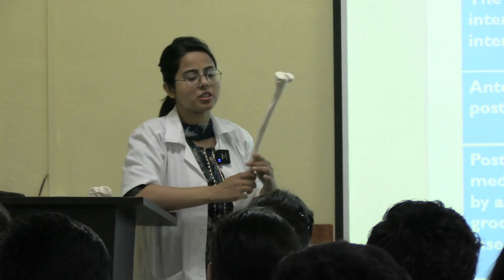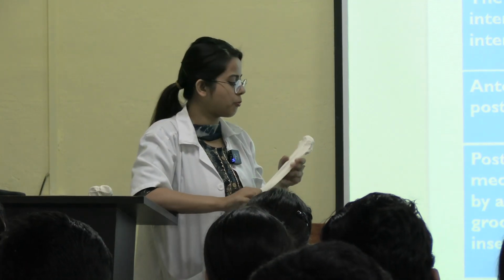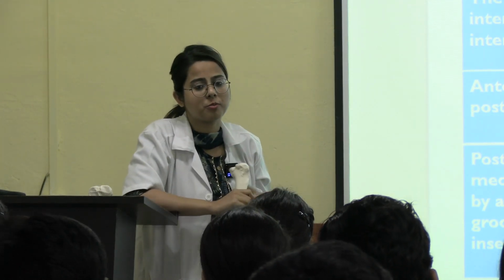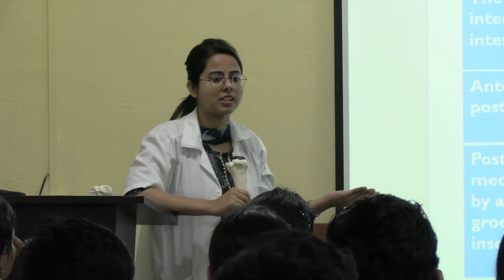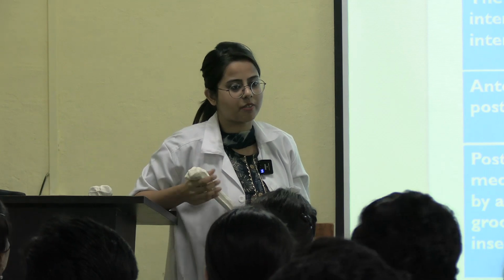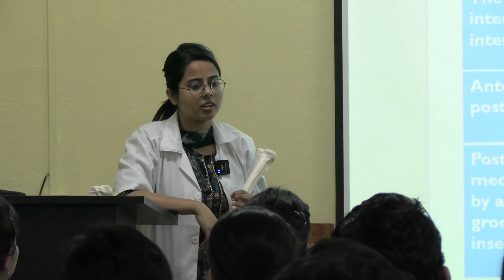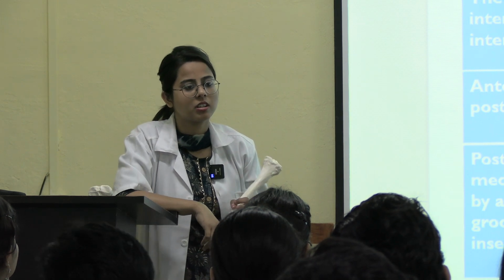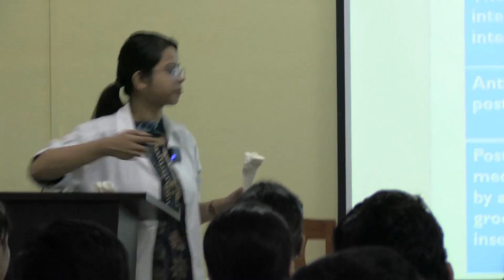Clear? Posterior surface of lateral and medial condyle clear? Okay, which posterior surface of which condyle will have a fibular facet? Lateral, because fibula is present laterally, so obviously lateral condyle will have the facet for it. Clear? And posterior surface of medial condyle will have which muscle insertion? Semimembranosus. Clear? Okay.